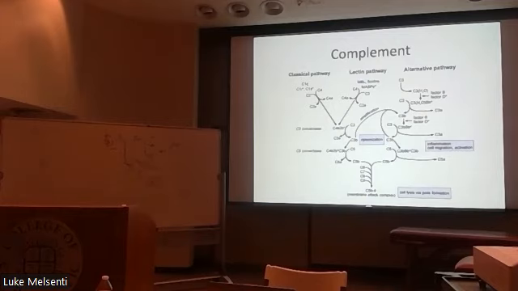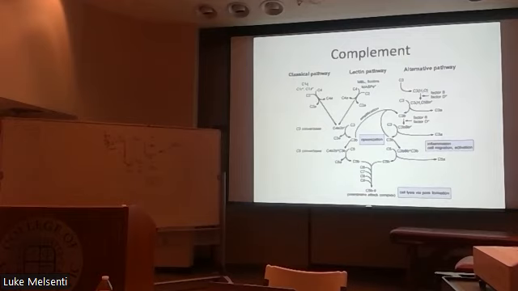The alternative pathway is C3 spontaneously cleaves, and then it binds to water, and factor D allows factor B to be acted on, and splits B into Ba and Bb. So you have C3, this should say b, H2O, Bb.